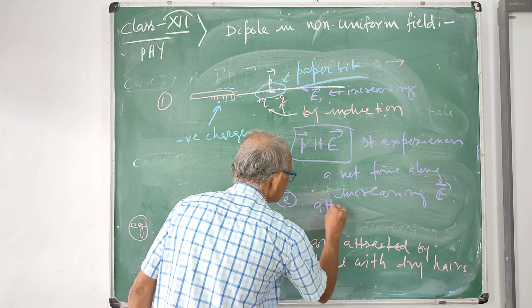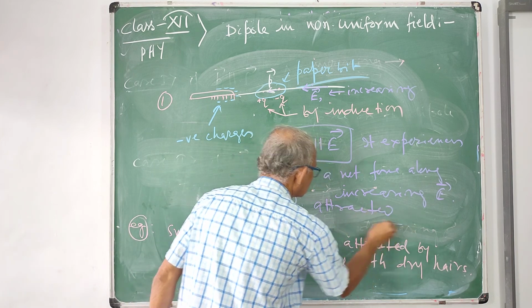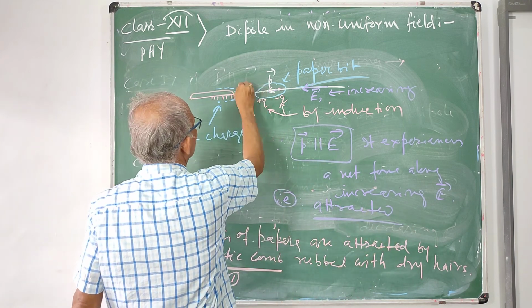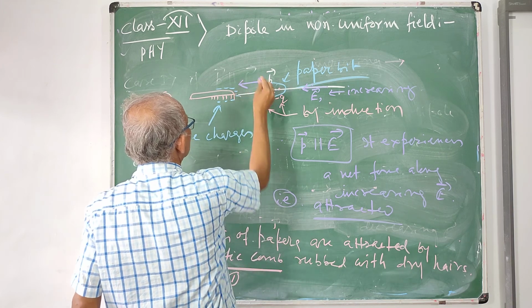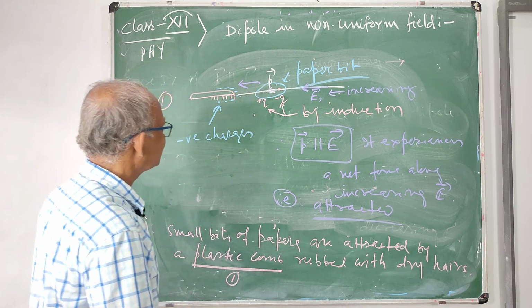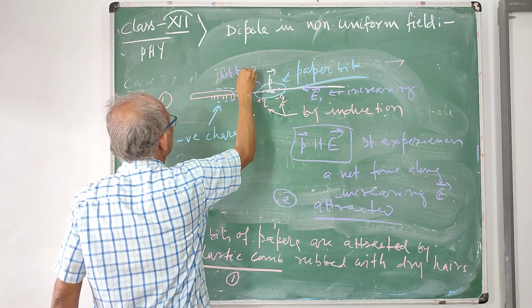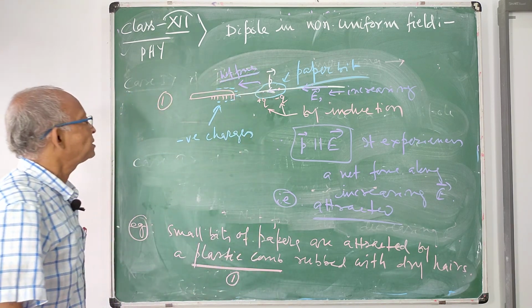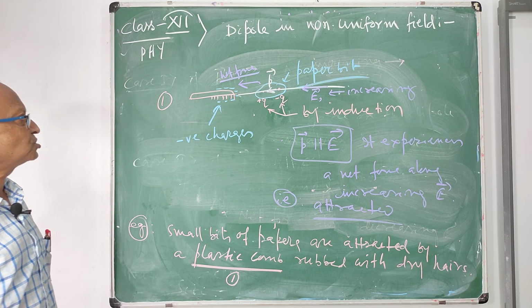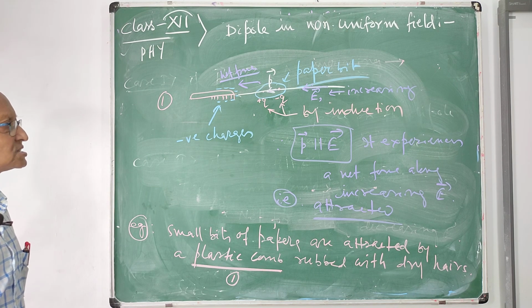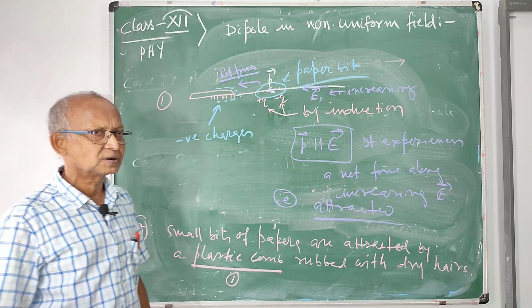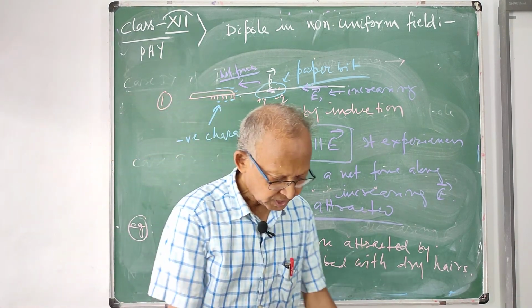Attraction. So the net force is along these directions. The small bits of paper experience a net force along increasing E, meaning towards the core, hence are attracted. Okay? It is this part.